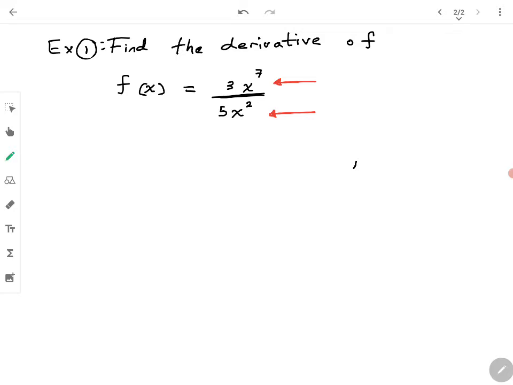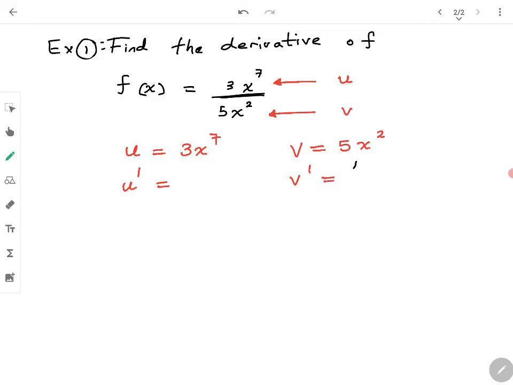The first thing we need to do is decide what's u and what's v, and u is always the numerator term. So here u becomes 3 times x to the 7 and v is the denominator part, so 5 times x squared. Once we identify u and v, we write them here. Then like in the product rule, we find the u prime and v prime terms.